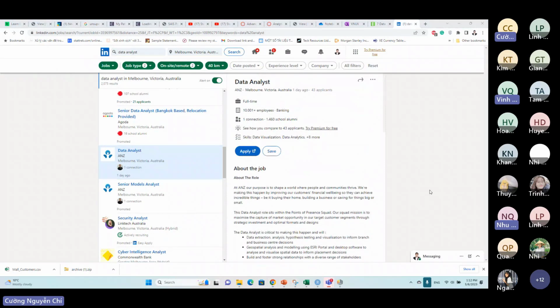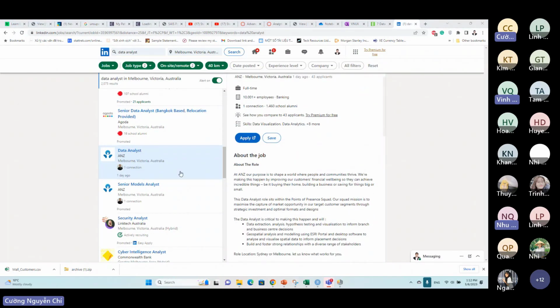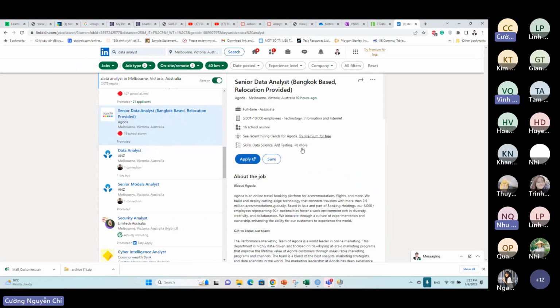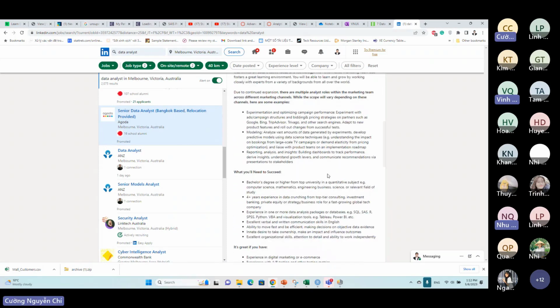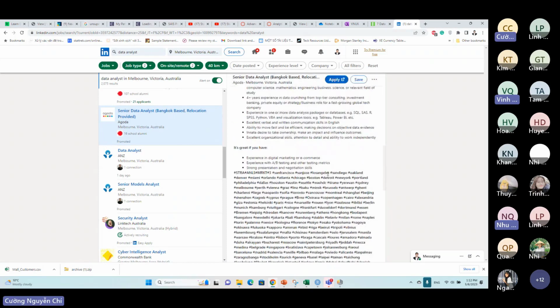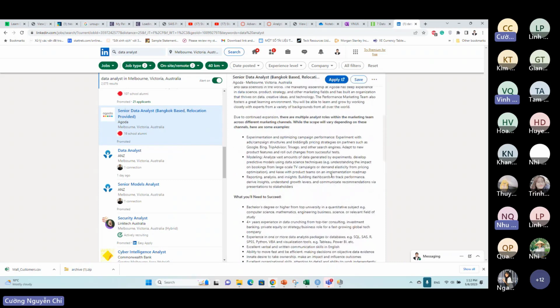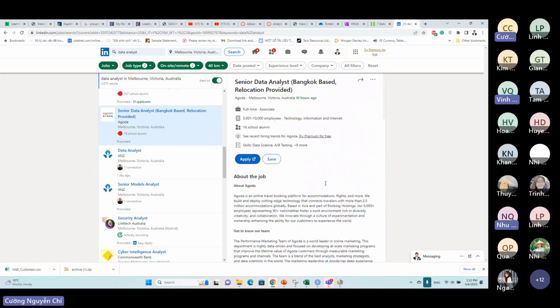Anyway, I received a notification about a data analytics position from Melbourne, but actually this will be work in Bangkok. If a lot of people are looking for opportunities in data analyst, data mining, data scientist, or business analyst roles, you can try to search for opportunities online.